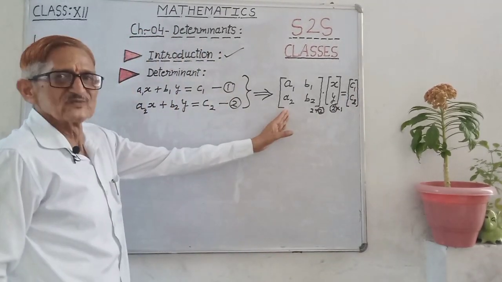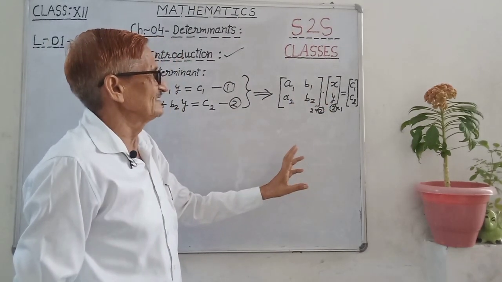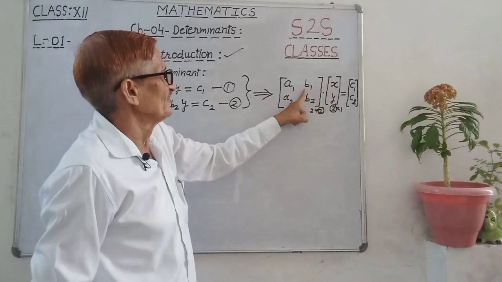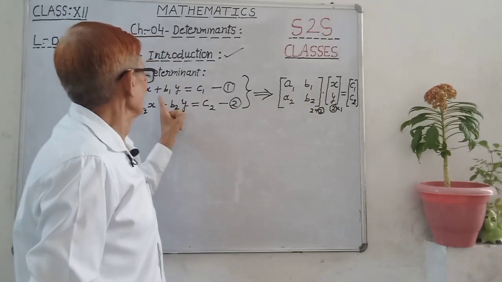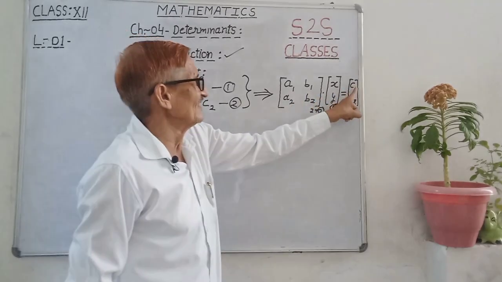We know the product rule of two matrices: first row with first column gives the first element, a1x plus b1y, which is equal to c1.